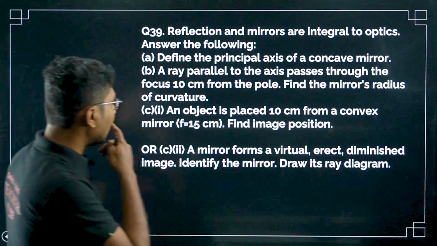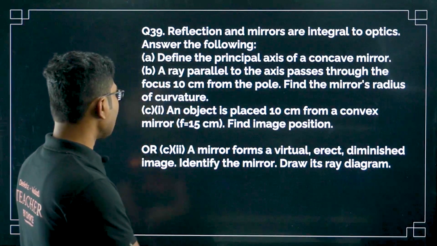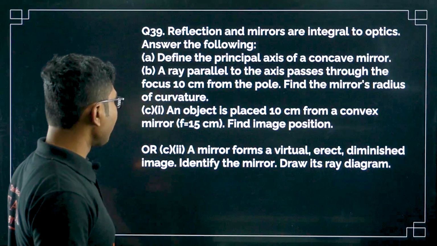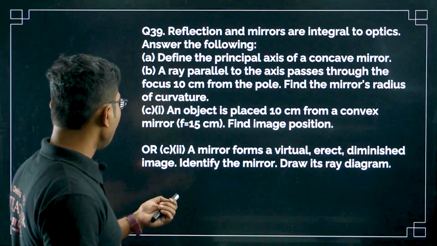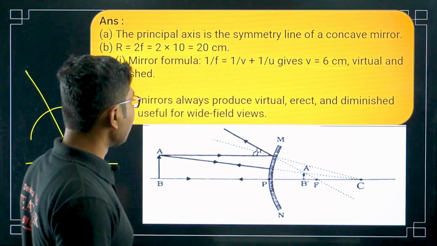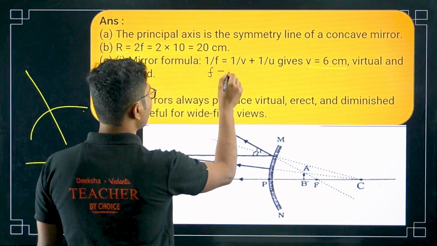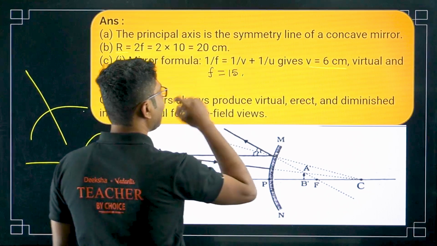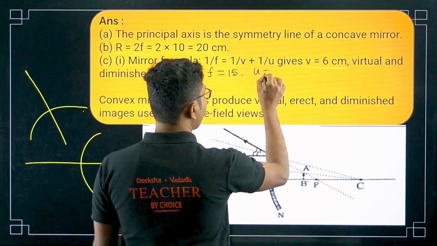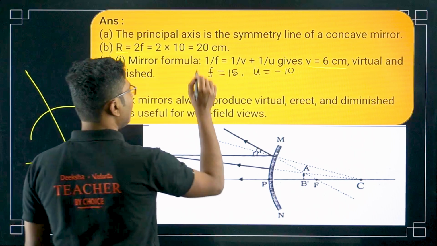Okay, so an object is placed 10 centimeter from a convex mirror of focal length 15 centimeter. Find the image position. So convex mirror means focal length is positive. Focal length is positive for convex mirror, and u is given as minus 10. So you have to calculate v.